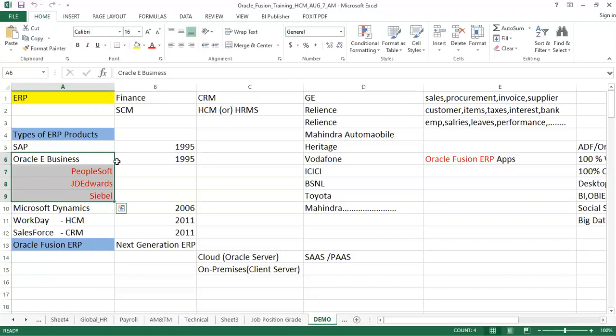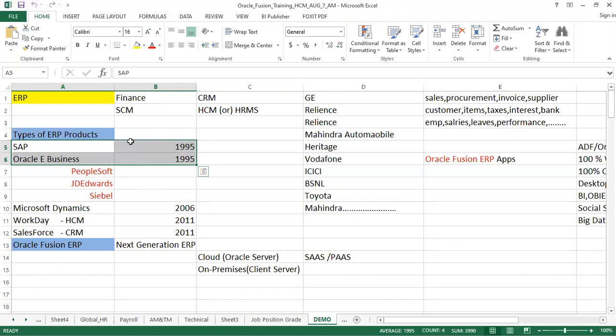Oracle and SAP both are good competitors in the market from 1995. ERP software is not discovered today. It's since 1991. It's more than 25 years.